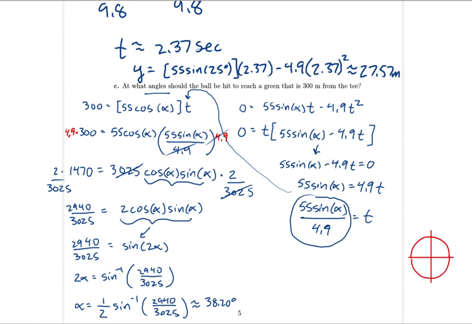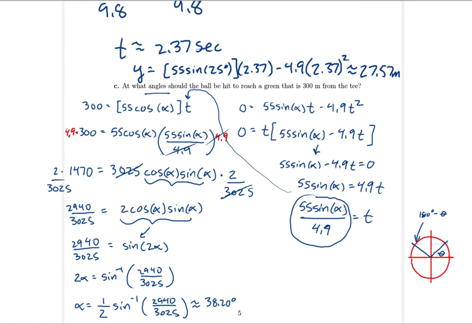So if, say, this angle here is one of your solutions, then remember sine is the y value on the unit circle. So this angle over here would also be a solution. And that angle you get by taking 180 degrees minus your first angle.